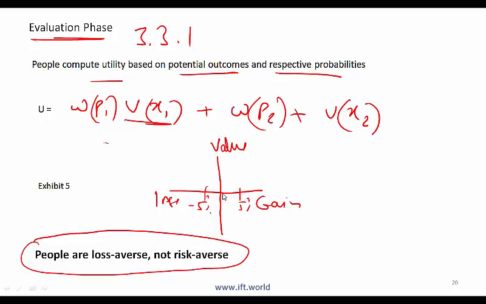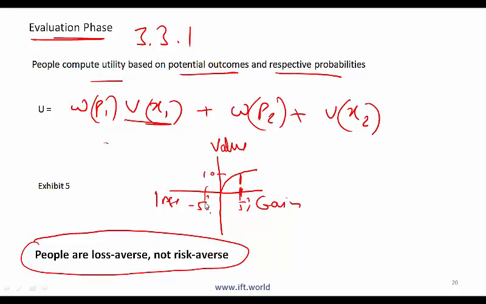The point is that as you are making gains, what's the value of that gain to you? Okay, then we have something like this. So as you are making more and more gains, obviously the value is higher, but there is a diminishing return. Another point here is that of a 5% gain, the value to you might be, say, 10 units. But does this mean that a loss of 5% means a value of minus 10?